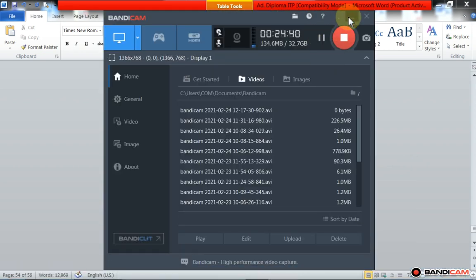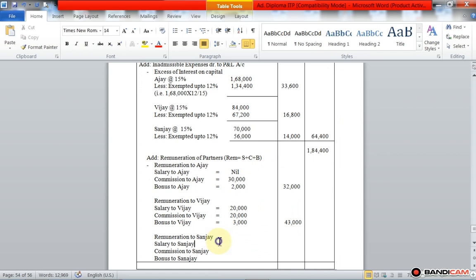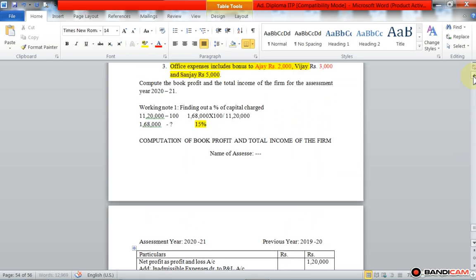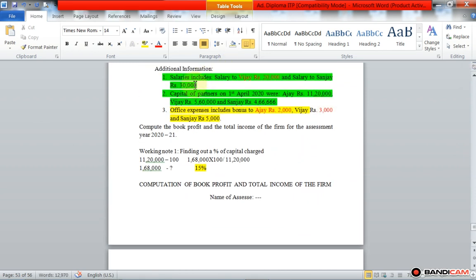Here salary is given to Sanjay in adjustment number first. Salary given to Sanjay amounted to rupees 30,000.